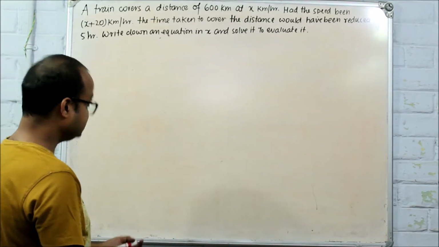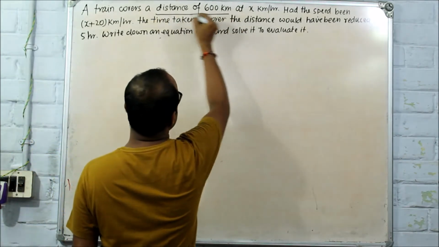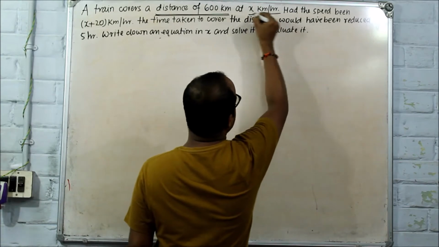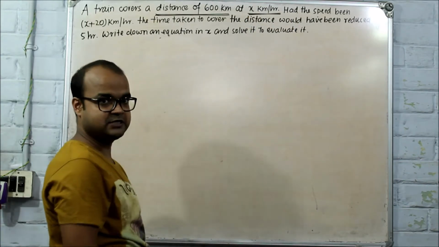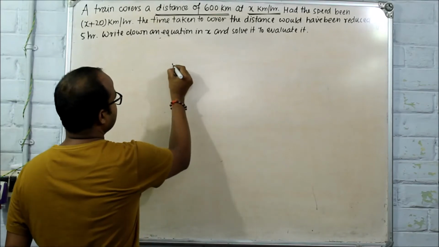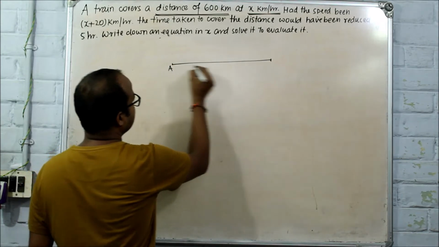A train covers a distance of 600 km at x km per hour. The speed is given. For our understanding, we try to draw it.